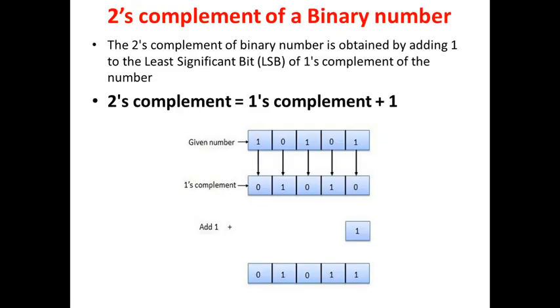For example, suppose if this was 0, what you have to do? If the LSB is 0, you start scanning the number. Scan until you get a 1. So if this LSB is 0, okay, copy it down.